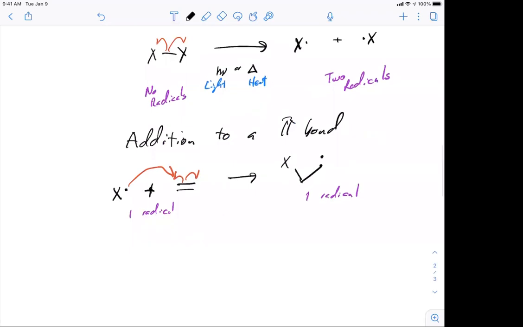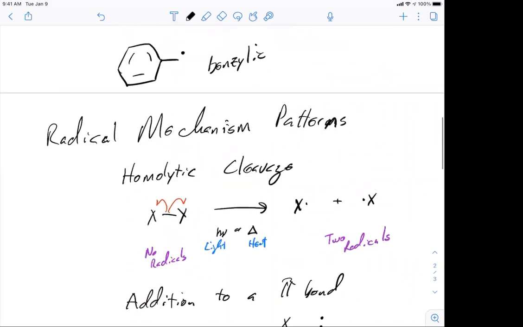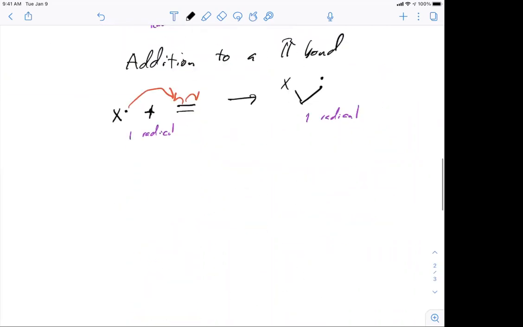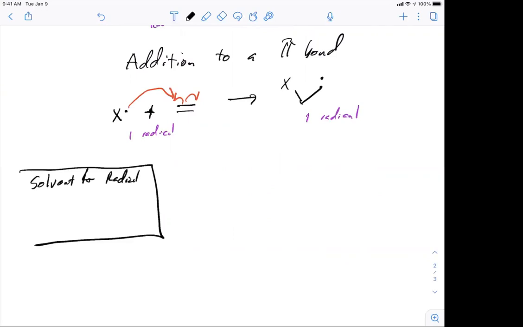On the radical solvent question, the most important thing for radicals for solvents is non-reactive. So we need to avoid any solvents that would react readily with radicals. They don't have the same stabilization.